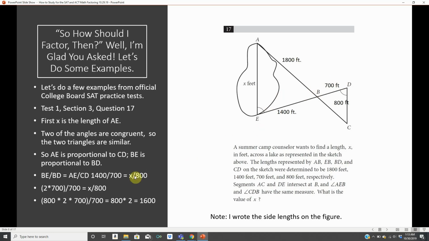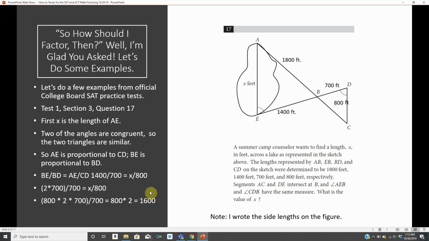So we see 1400 over 700 is x over 800. We can break that down into 2 times 700 over 700. Boom, the 700s cancel out. So we get 2 is equal to x over 800. Then you just get 800 times 2 equals 1600.